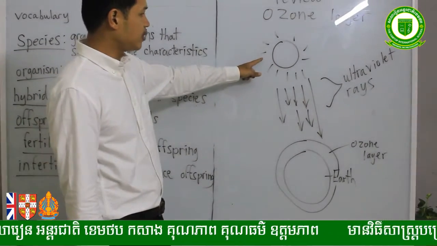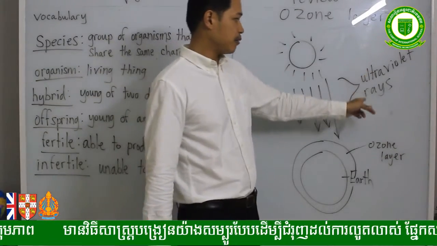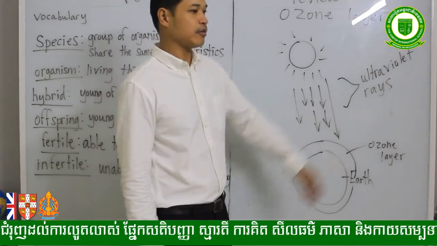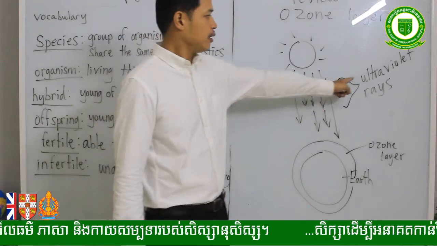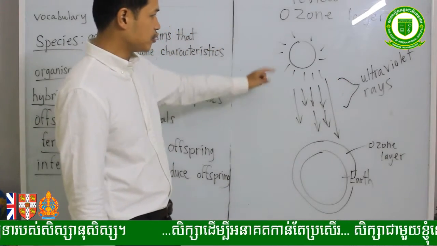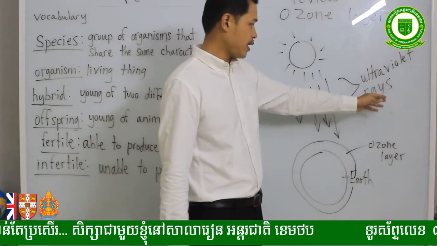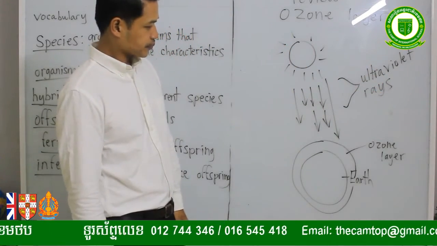The sun emits ultraviolet rays, also known as UV. If you hear the two letters UV, that's what they're talking about. The sun emits ultraviolet rays down into the Earth.